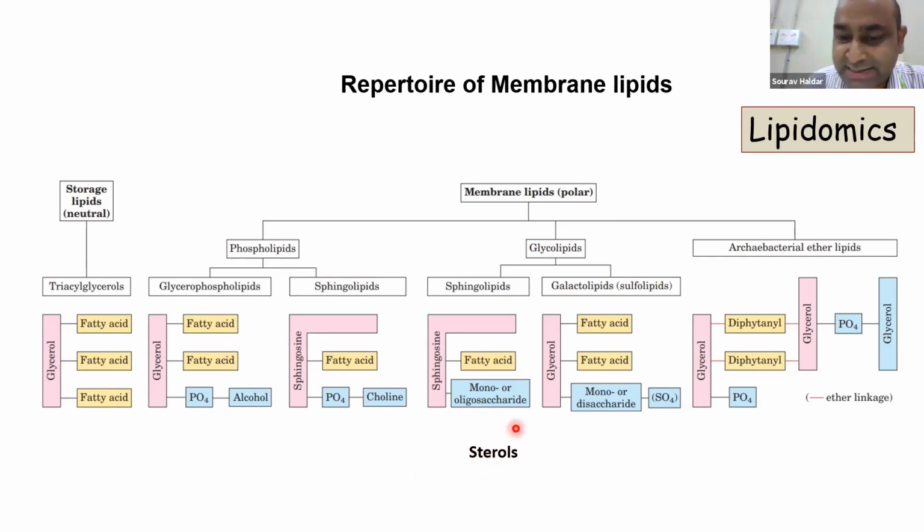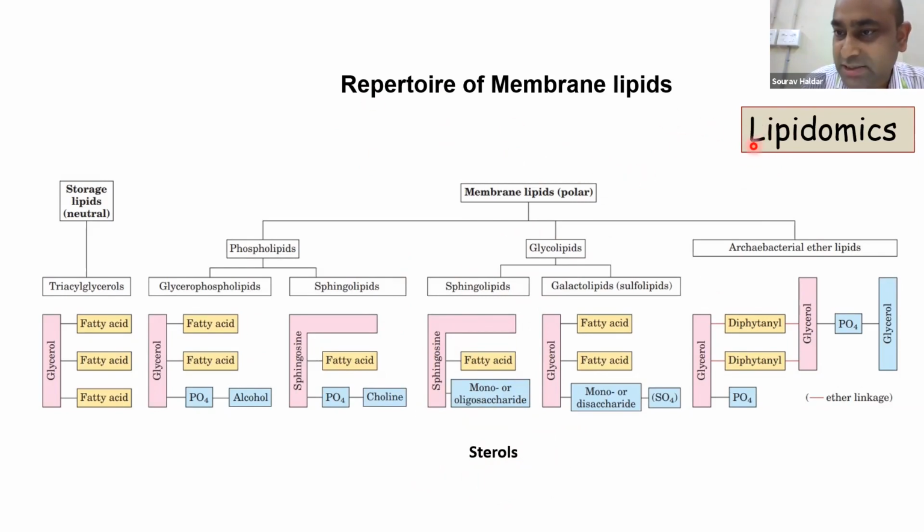Although sterols by themselves cannot form a bilayer, they can nicely be integrated in the bilayer and modulate the properties of the lipid bilayer. So sterols play a major role in the organization and dynamics of lipid bilayer membranes, right?